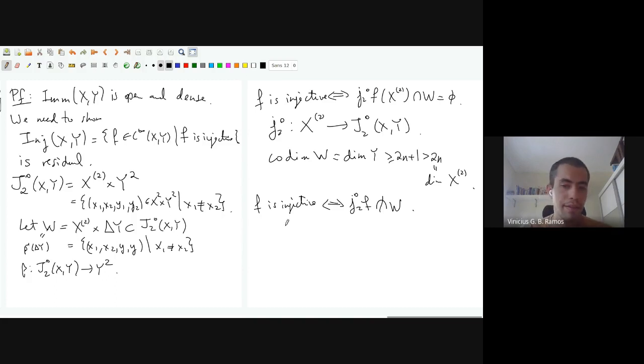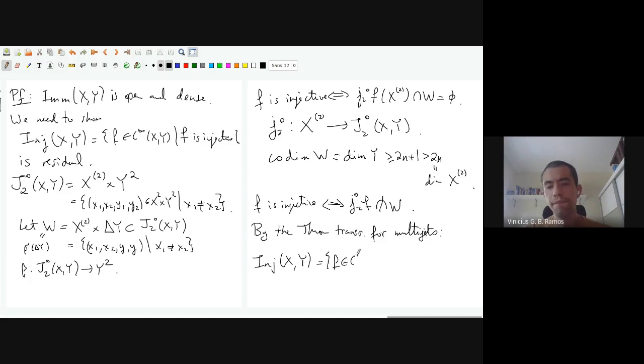And then by the Thom transversality theorem for multi-jets, we have that the set of injections, which is the set of functions such that J^2_0 of f intersects W transversely, is residual.